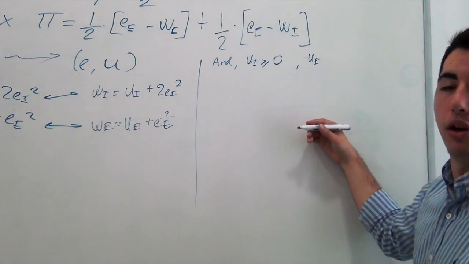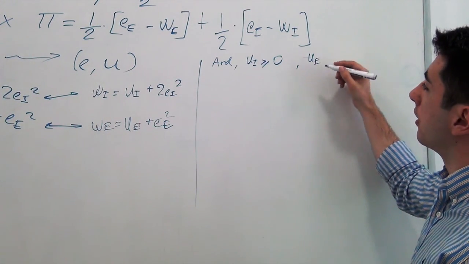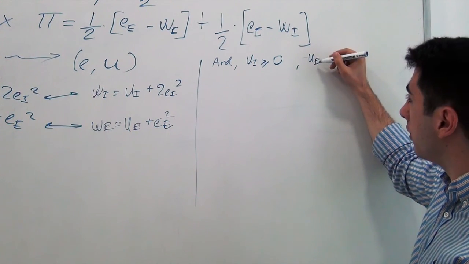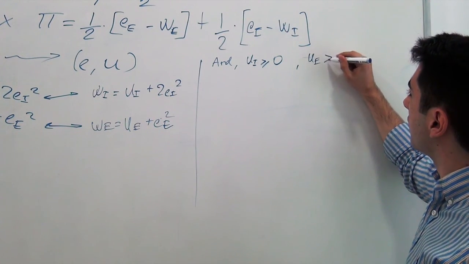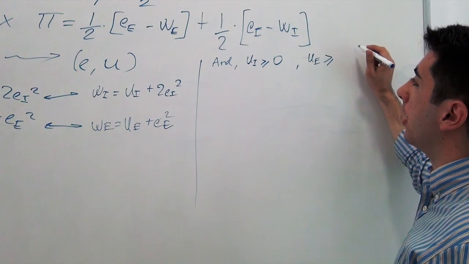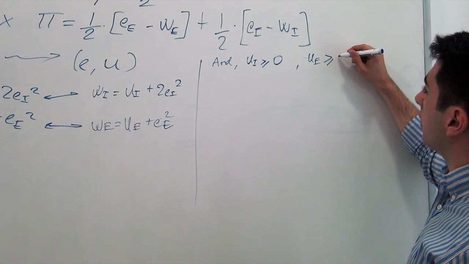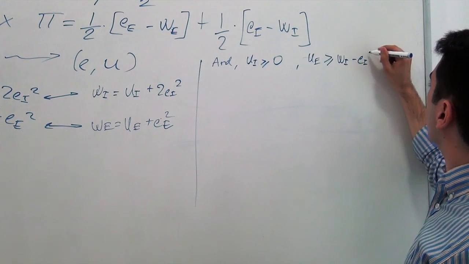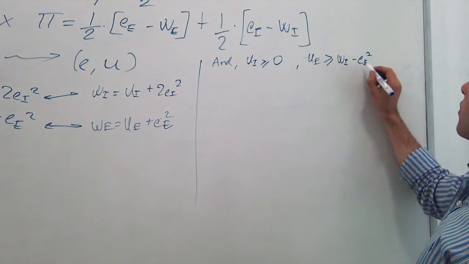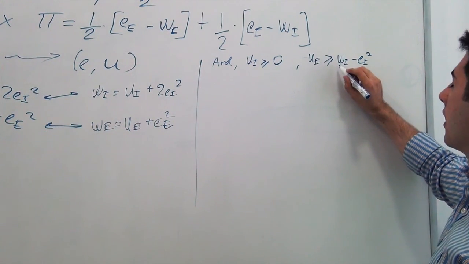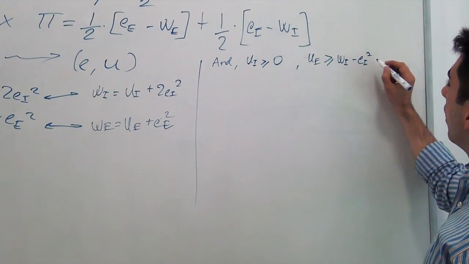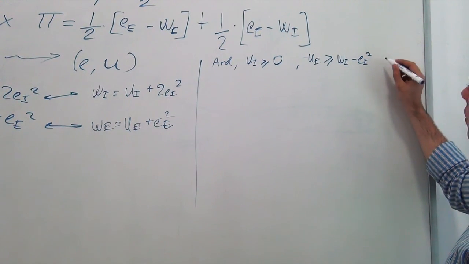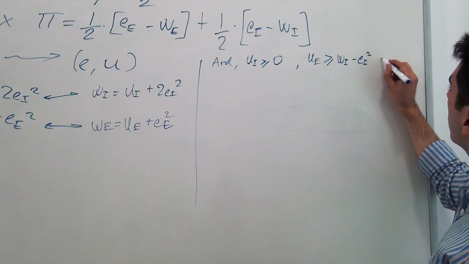But we can go one step further and say that, using the incentive constraint of the efficient type, this has to be larger than this, which is what he would get if he's an inefficient type.